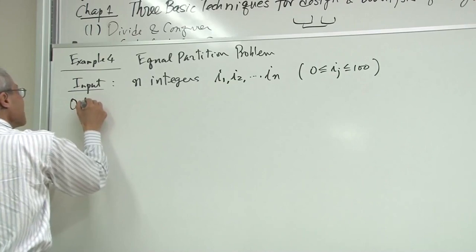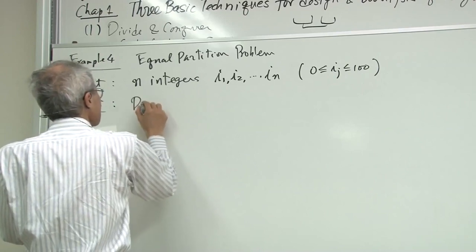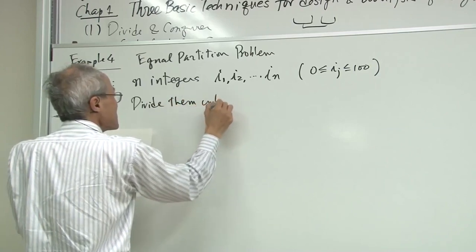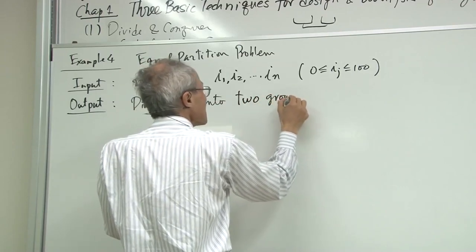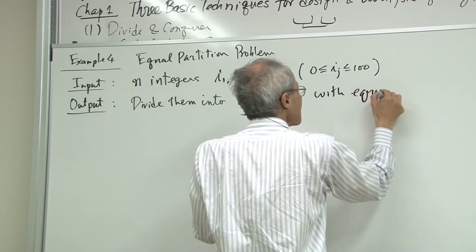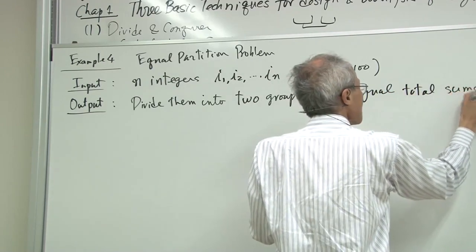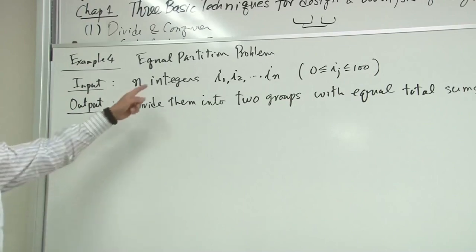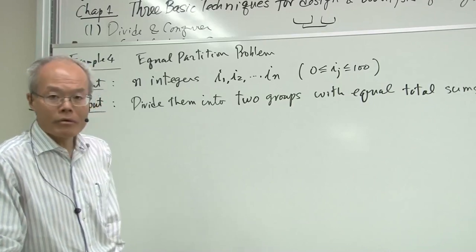Output. Our task is to divide those n integers into two groups with equal total sums.